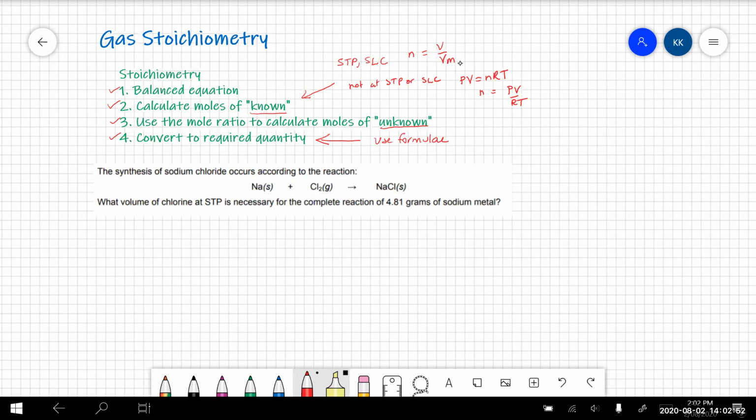So you never know, you may be asked to find out what the pressure is, and you may be asked to find out what the temperature is. So you just don't know what the question's going to ask you, but as long as you know moles and a few other things, you always have these formulae that can help you determine other quantities.